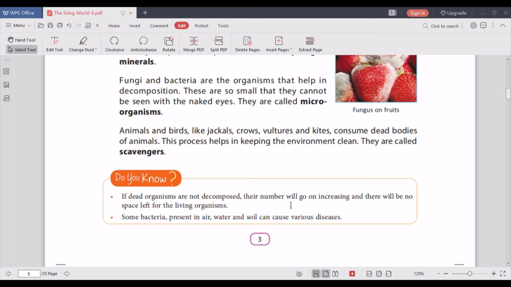If the microorganisms do not do their work, the number of dead organisms will go on increasing and there will be no space left for the living organisms.